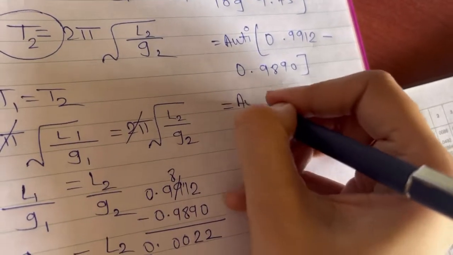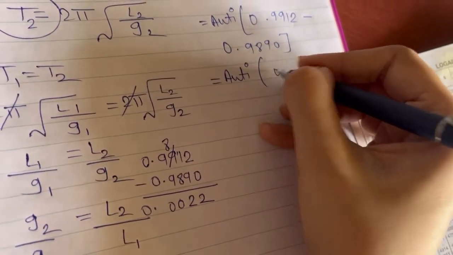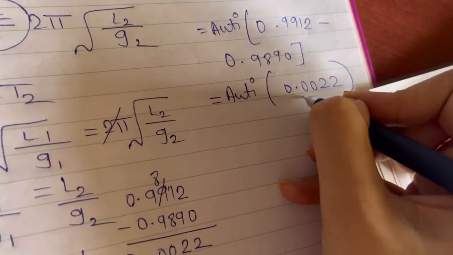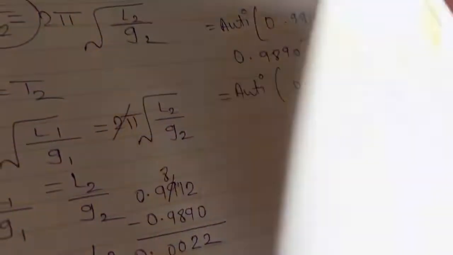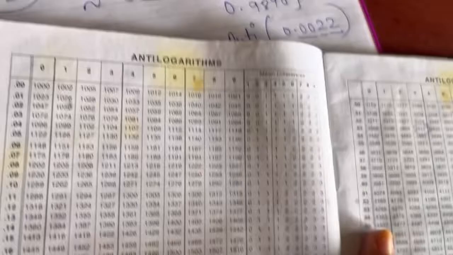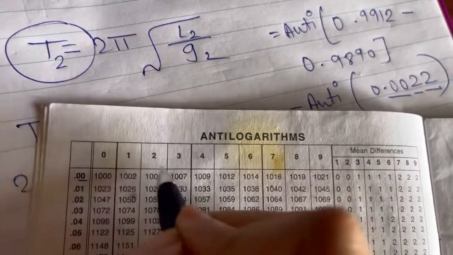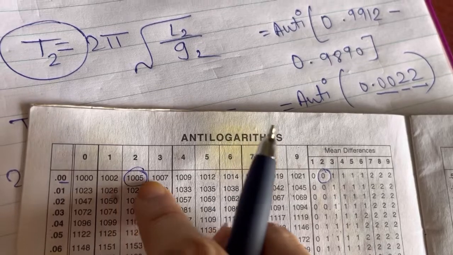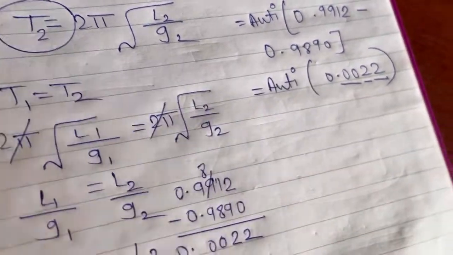So here you have 0.0022. Now you look in the table of anti-log, 00, then 2, then 2, that is 1005 plus 0 is 1005.